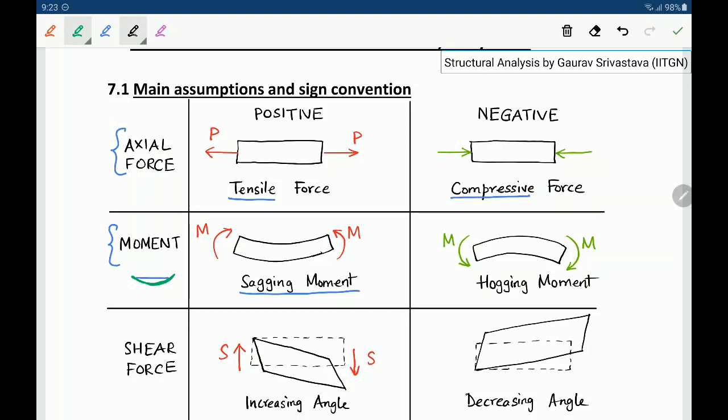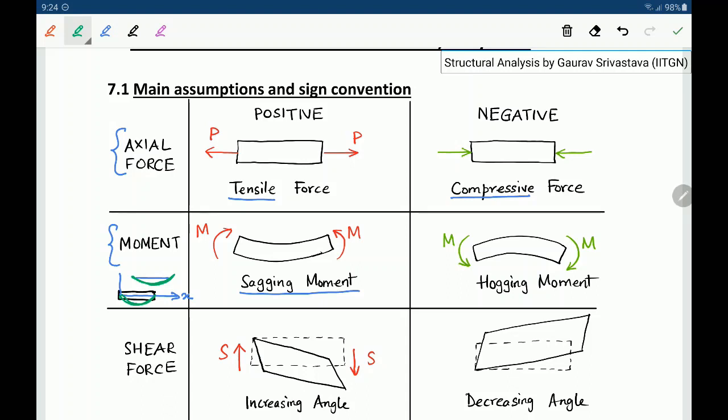In general, if this is the member, we may define a local coordinate system. Let's say the member is along the x axis. Downwards of the x-axis is the sagging sort of action. For vertical members, this sort of definition may become more useful. For horizontal members like typical beams, sagging has the right notion of being sagging towards ground.